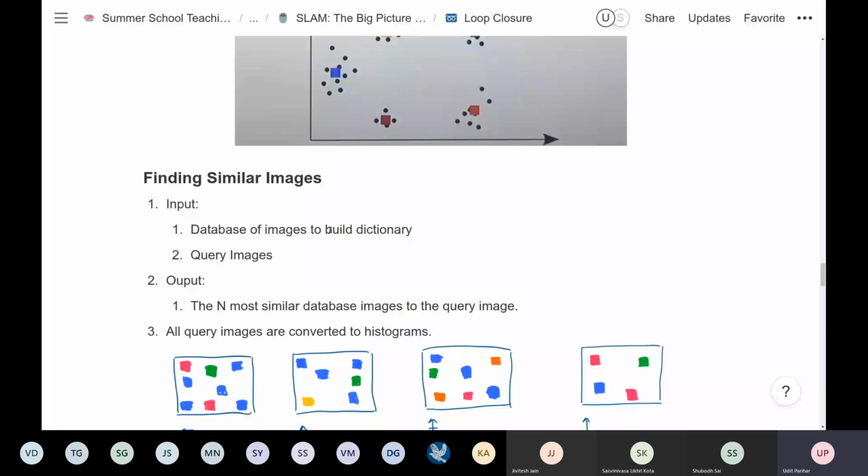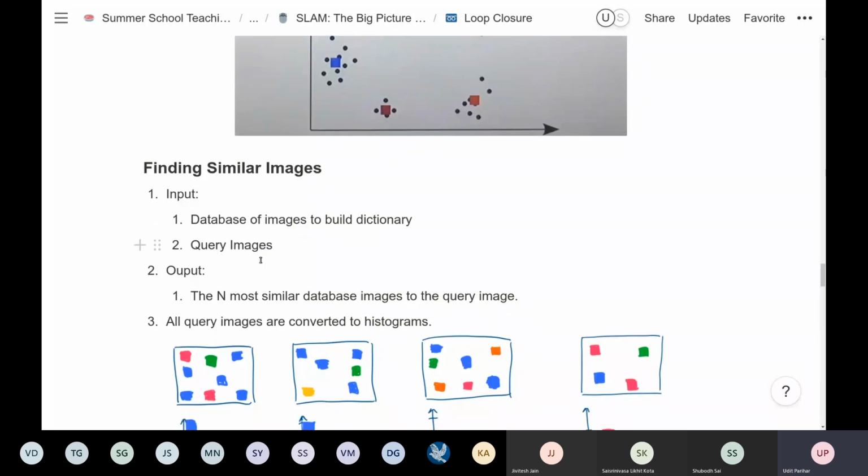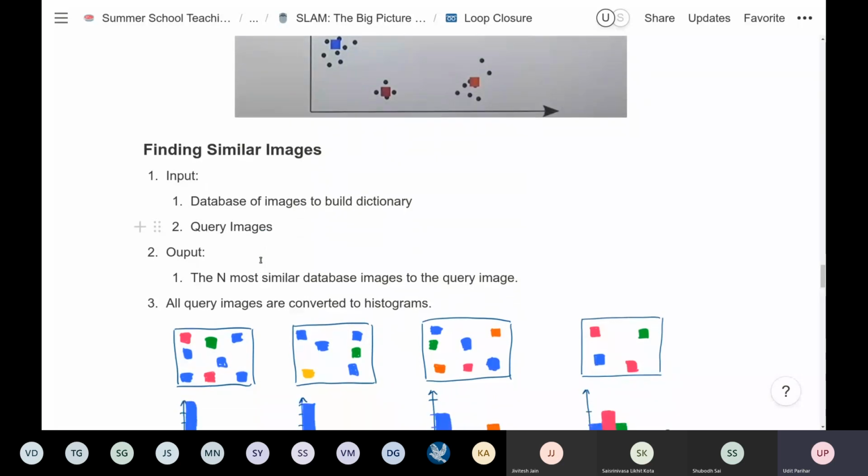You can use third-party available dictionaries, built on much larger data sets, which also contain indoor and outdoor data sets. But if you want to build a dictionary, then you need database images, and you obviously need query images which you want to query, and the output will be, for each query image, the most similar database images.